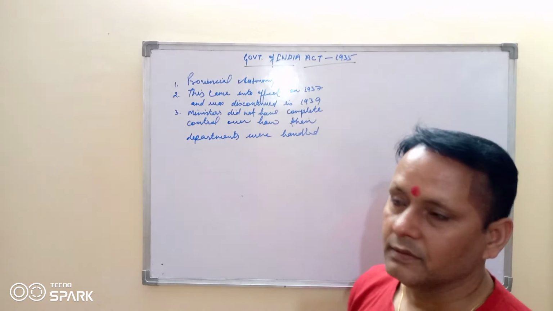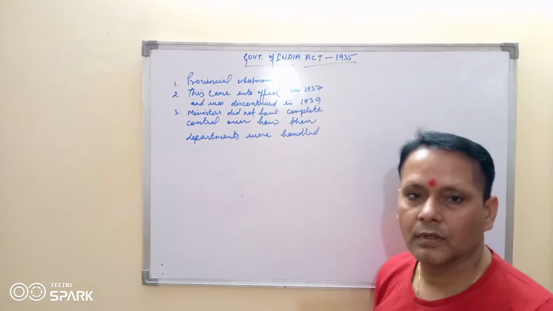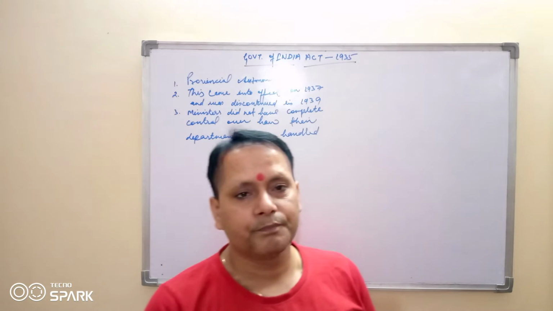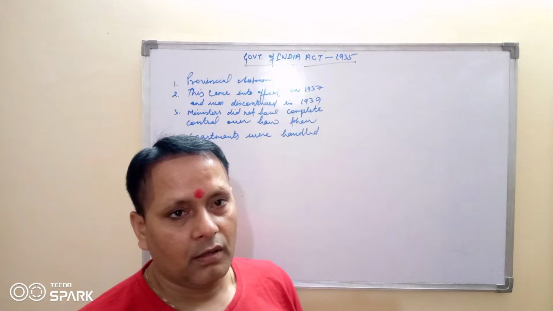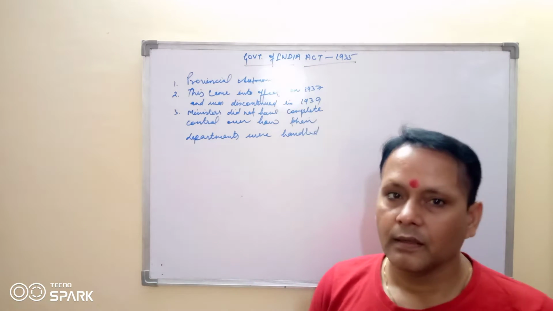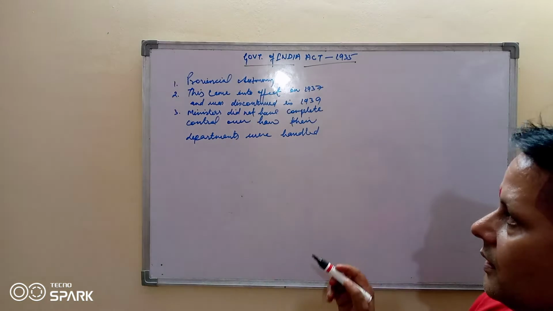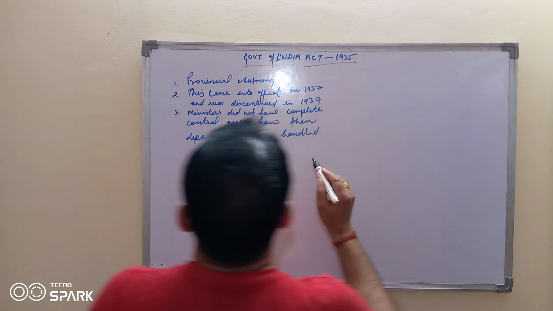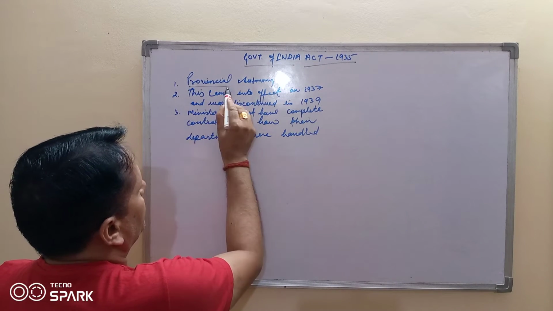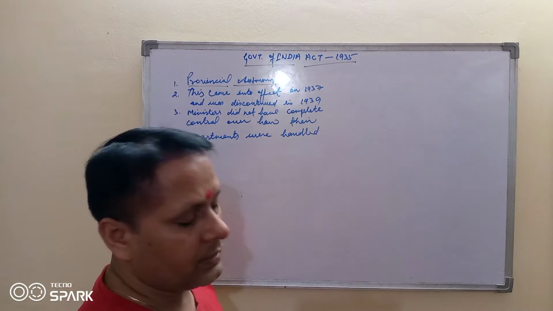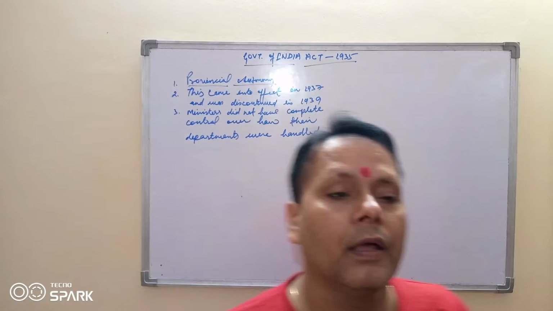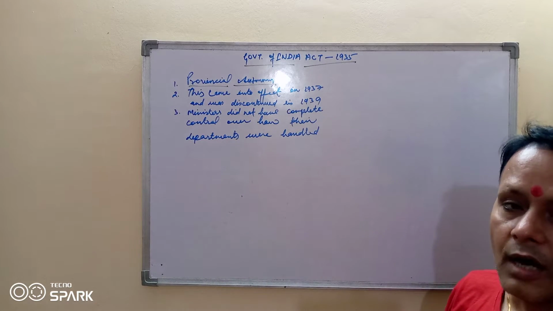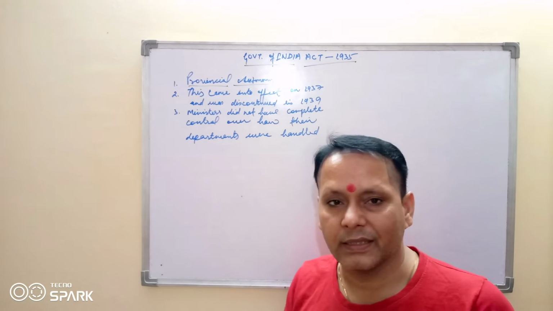After that, this act was introduced for the whole of India, and according to this act, there was provincial autonomy. This is provincial autonomy, meaning how much states were governed at that time.